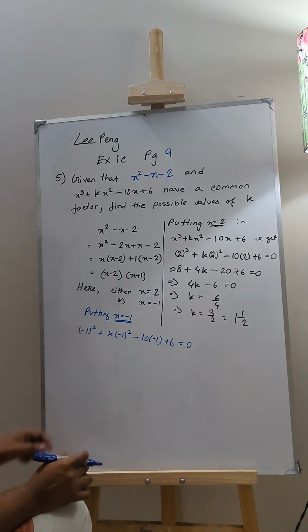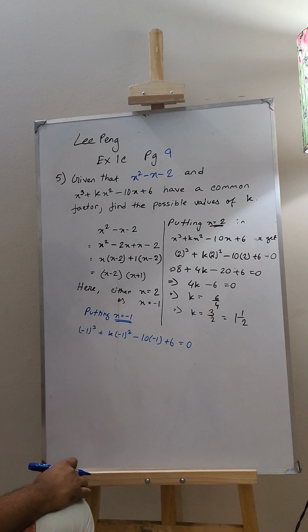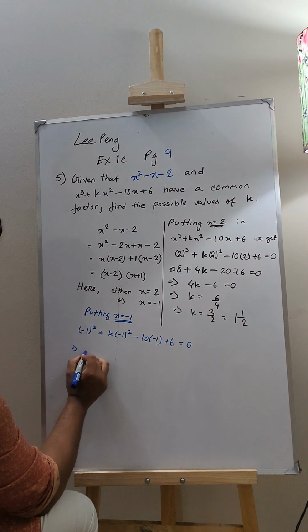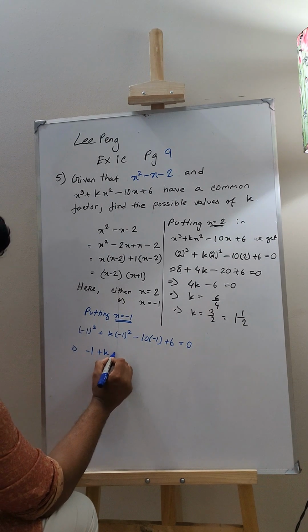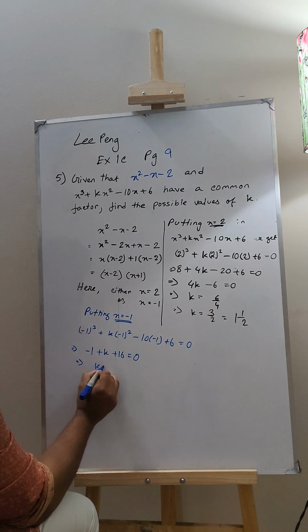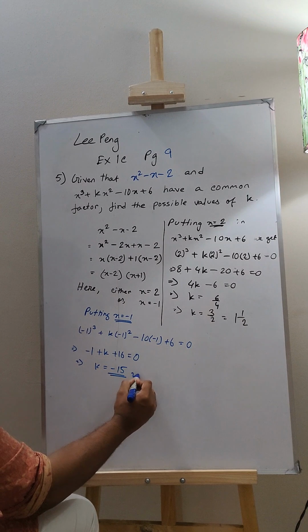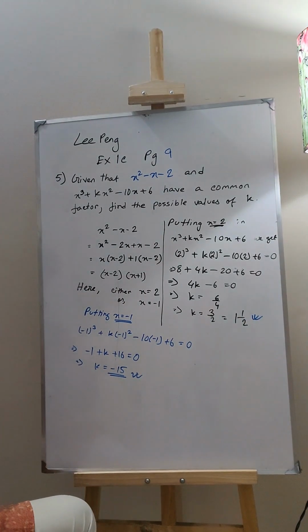This is how we are using the theory of factor theorem here to solve the math. So ultimately, if you solve it, we get minus 1 plus k plus 16 equals 0, or k equals minus 15. So you get one value of k as minus 15 and another value of k as 1.5.